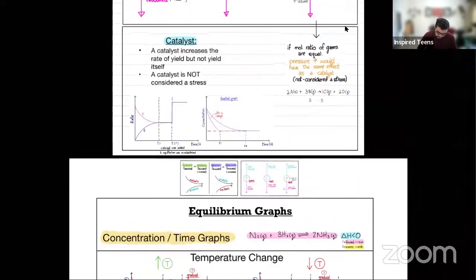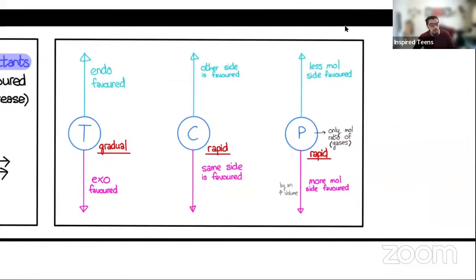Let's just revise TCP one more time. This is the TCP that we went through, meaning the changes in temperature, concentration, and pressure. So we said that when temperature increases, the endothermic reaction is favored. When temperature decreases, the exothermic reaction is favored. Concentration increases, the other side is favored. Concentration decreases, the same side is favored.